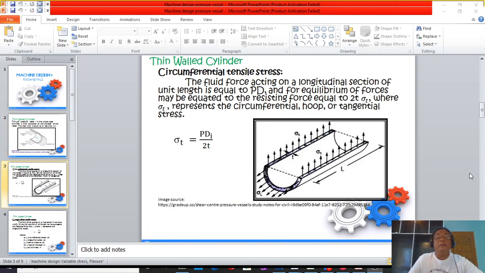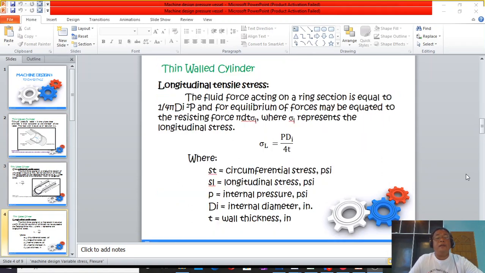So that is why, class, we derive the same formula, the same equation for sigma, but the formula is different of course. For the longitudinal stress, that is PD over 4t. And we know, class, that for the tangential, the failure is PD over 2t.